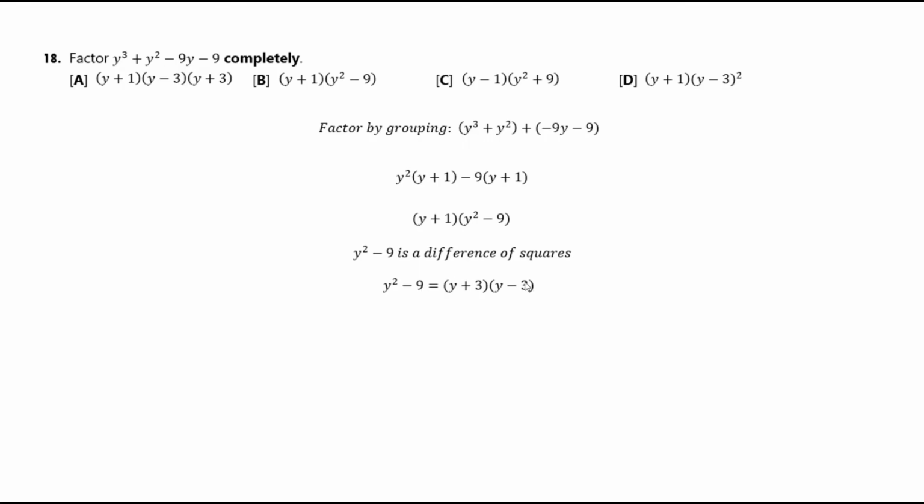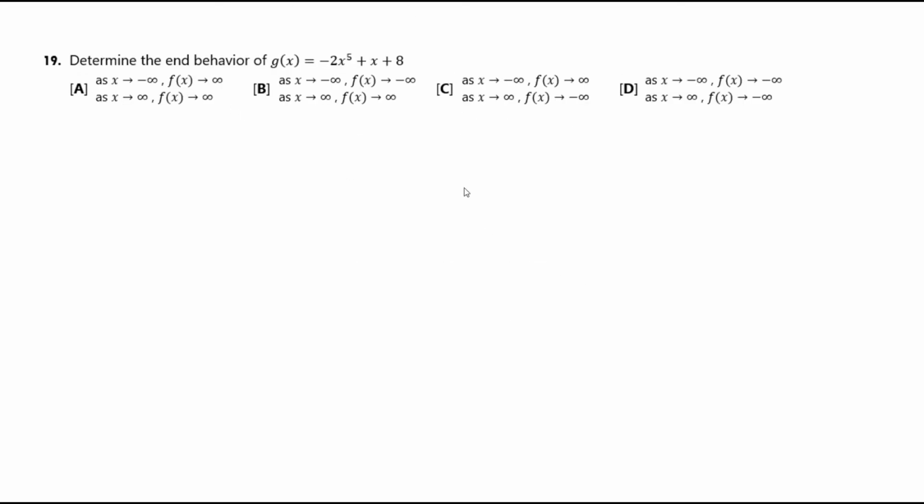Remember that 3 times negative 3 is negative 9, and then 3 plus negative 3 is 0. So therefore, this works. You can go ahead and replace this: y plus 1 times y plus 3 times y minus 3. And that's your final answer.